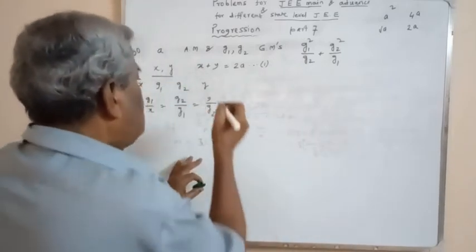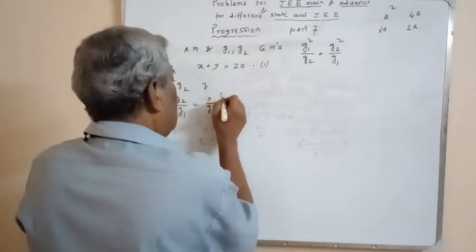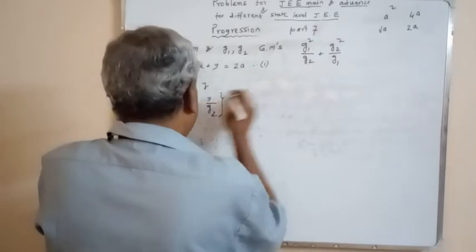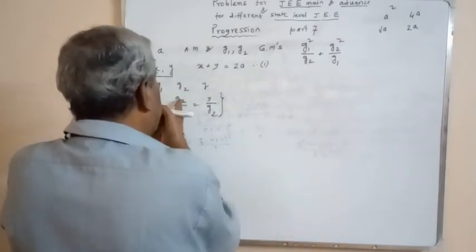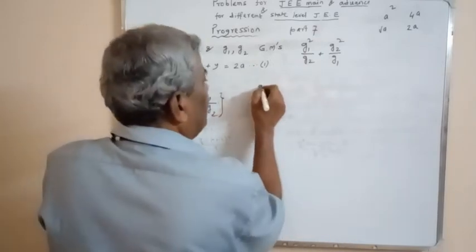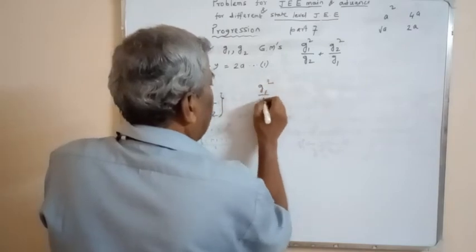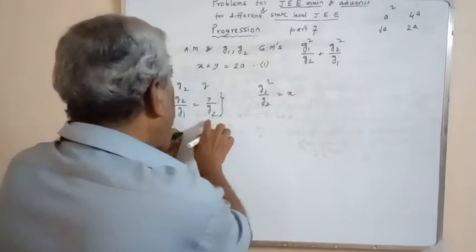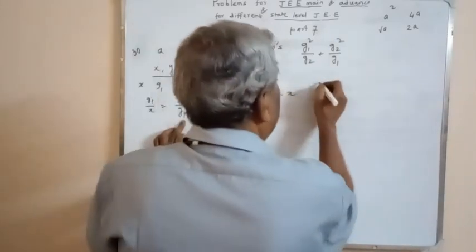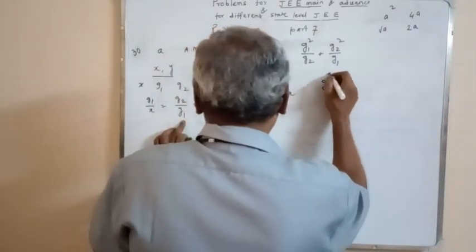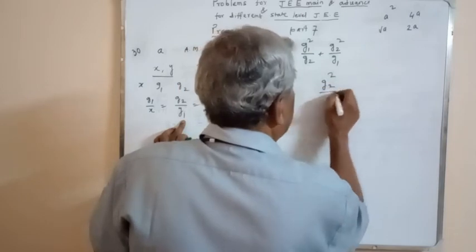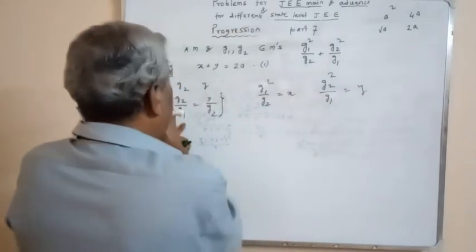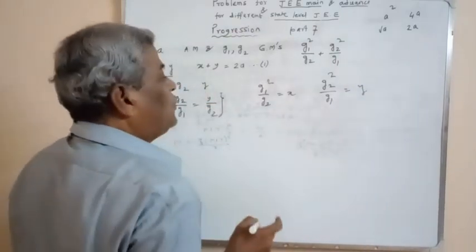So from these we can write that G1 square by G2 is equal to X. And from the other two, in the same way, G2 square by G1 is equal to Y.